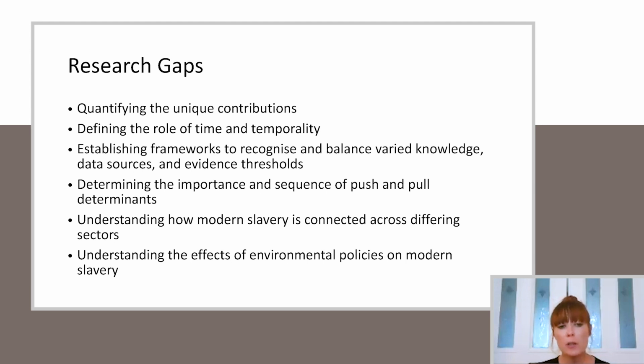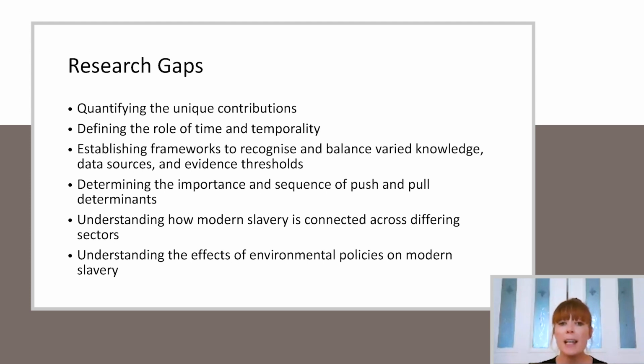For example, I do a lot of work in fisheries, and if I'm going to talk to the fisheries parliamentarian group in the UK about the prevalence or co-occurrence of modern slavery in the fisheries sector, they're not used to seeing 12 or 15 qualitative narratives used as data. And they may not consider that to meet their threshold of evidence to act. So how do we balance those tensions and really start to achieve interdisciplinary research and interdisciplinary knowledge exchange?